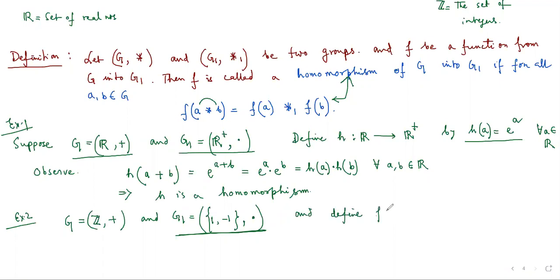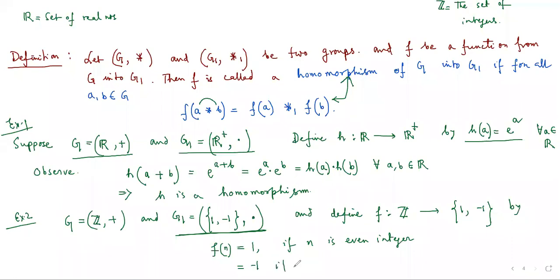Define the function from Z to this group. The definition is important. How do I define it? f(n) equals 1 if n is an even integer and -1 if n is an odd integer.